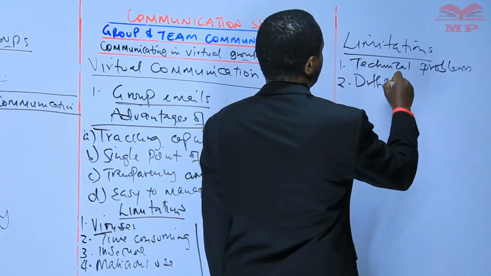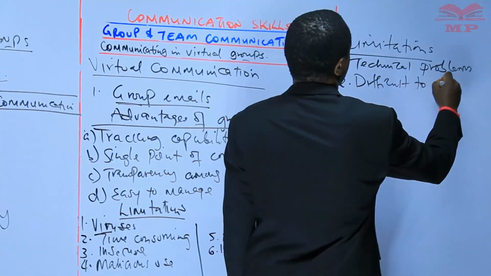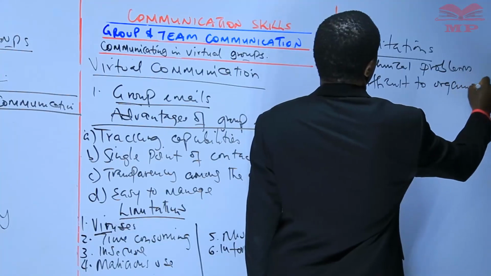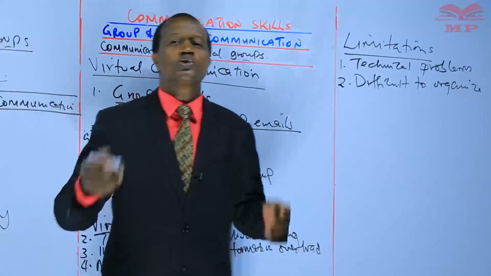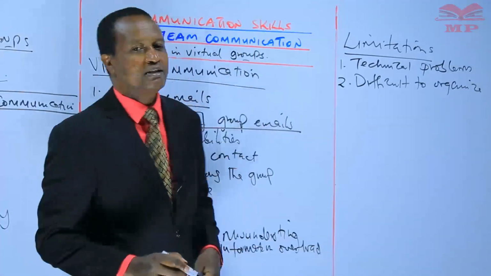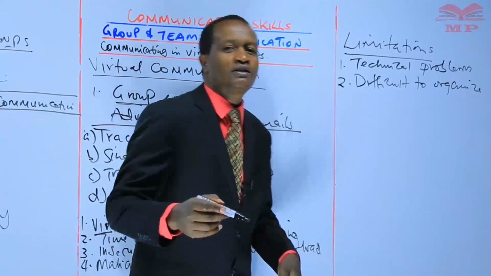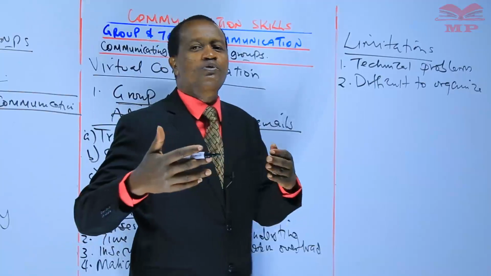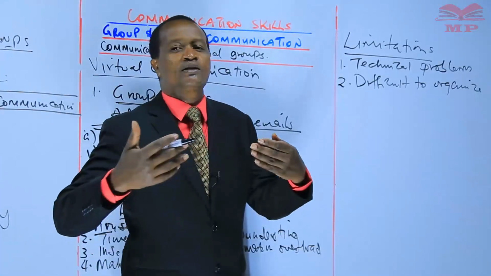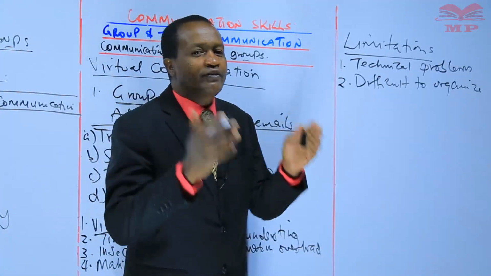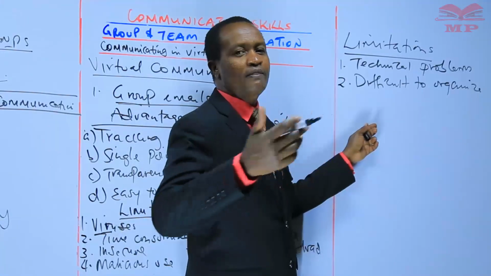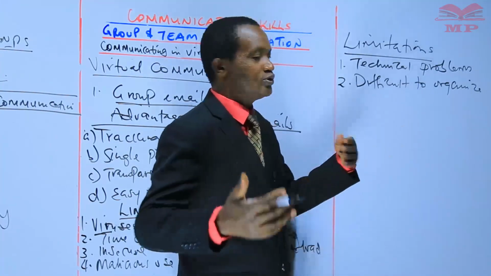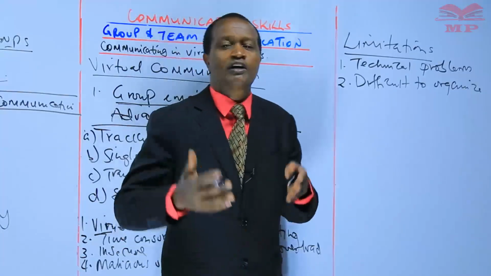Difficult to organize. Limitation number 2, difficult to do what? To organize. Now, for facilitators, candidates, virtual meetings can prove difficult to manage, as you can't rely on everyone having access to the same meeting, as compared to having a physical meeting.